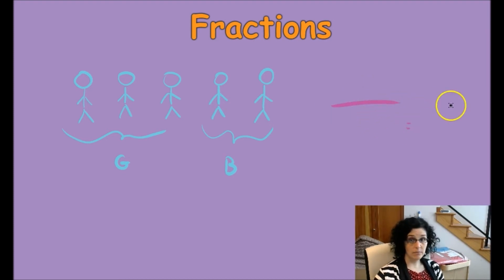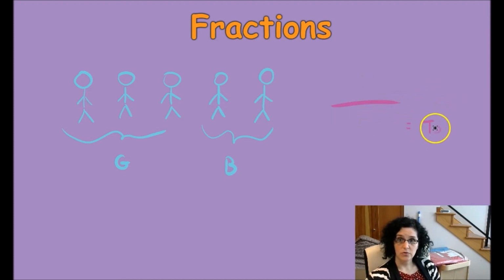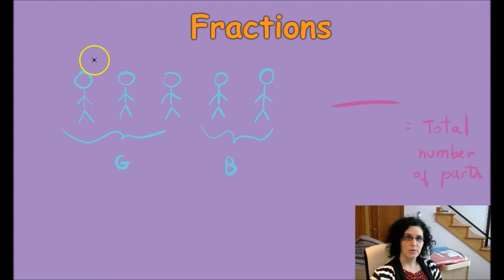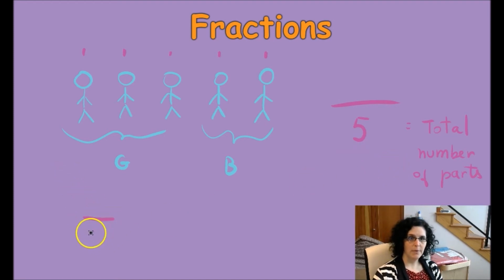The number on the bottom, as you remember, is the total number of parts. So the parts of my total are people this time. So the total number of parts for my total is 5. I have 5 people, right? So the bottom of this fraction would be 5.